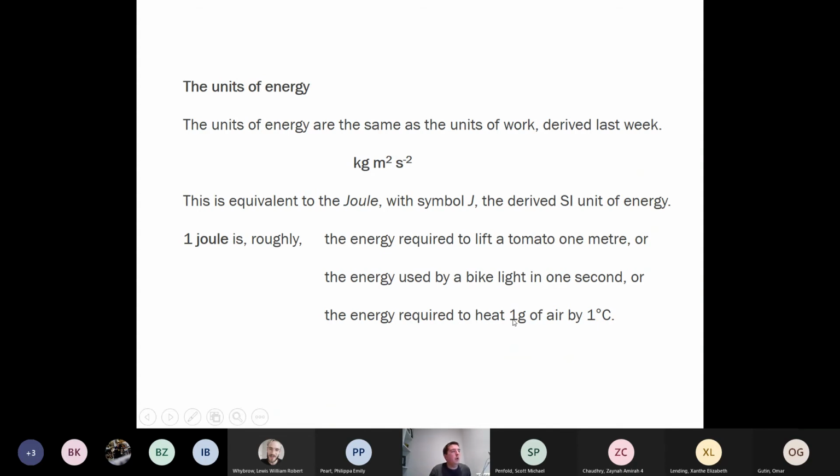Those are not activities that we would associate with hugely energetic properties. They're not like the earthquake that we talked about in the last slides.